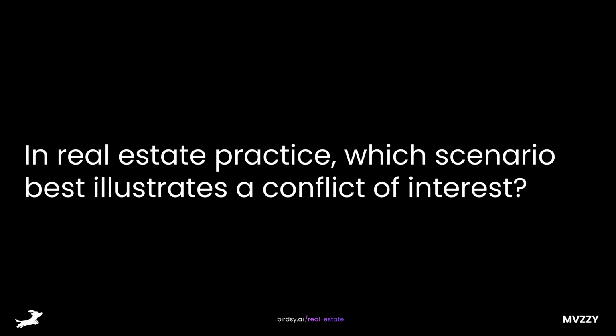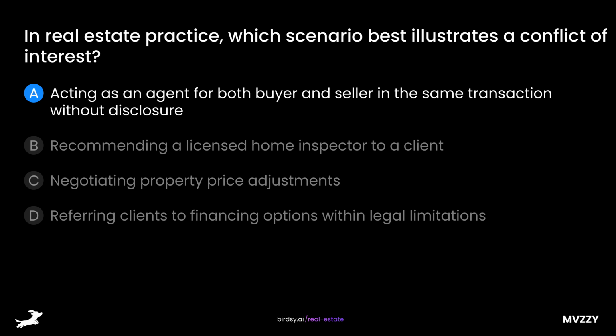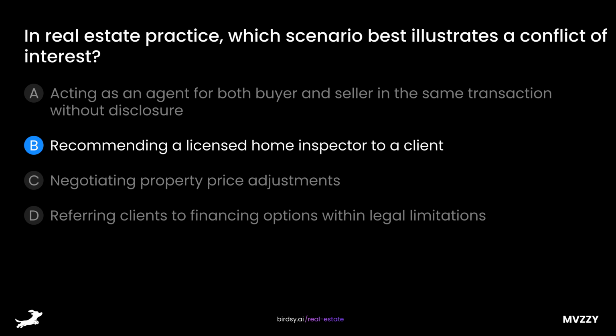In real estate practice, which scenario best illustrates a conflict of interest? Is it A, acting as an agent for both buyer and seller in the same transaction without disclosure, B, recommending a licensed home inspector to a client, C, negotiating property price adjustments, or D, referring clients to financing options within legal limitations?